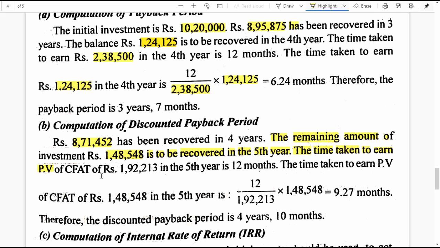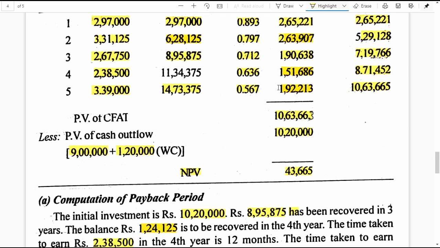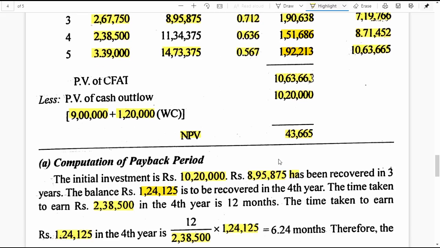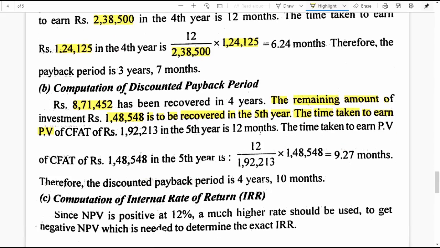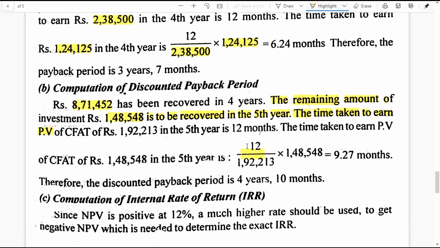So we wait for some time in the 5th year to get back the balance of our investment amounted 1,48,548. Let's do the calculation. In the 5th year, the discounted cash inflow of the project is 1,92,213. Now look at it. We wait for 12 months in the 5th year to earn 1,92,213 rupees. Therefore, in the 5th year, how long we should wait to get our balance of investment amounted 1,48,548.